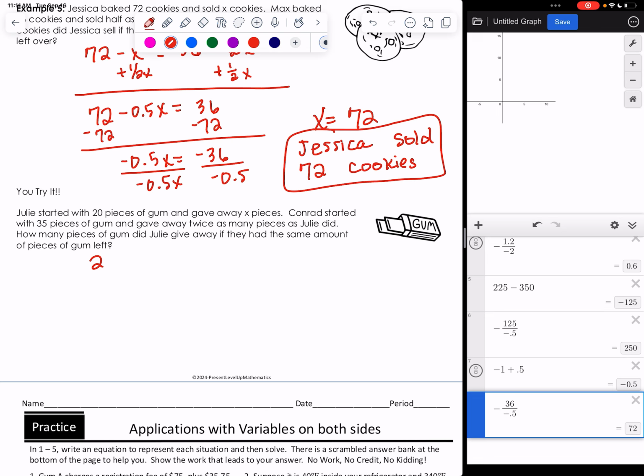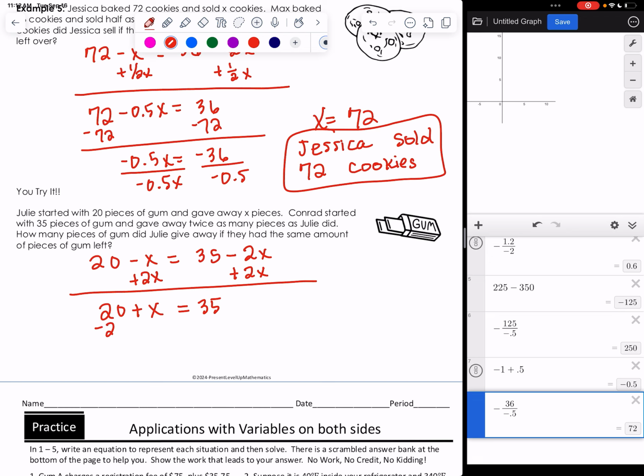So I set up my first equation as 20 minus X, 20 pieces minus X pieces. My second equation was 35, started with 35, and minus twice as many, so minus 2X. All right. I then added 2X to both sides. So 20 plus X equals 35.